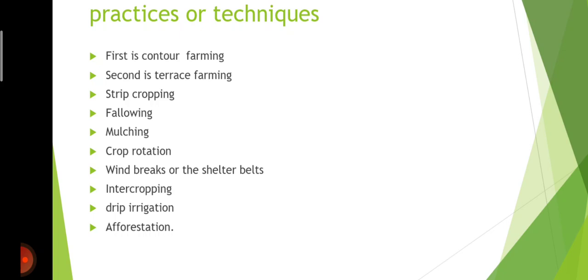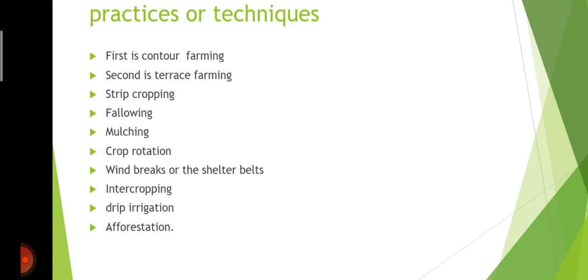Now, mulching. Mulching is a practice of agriculture. The area of the soil is covered by polythene. It is used to stabilize the temperature and the moisture of the soil. Crop rotation is also a technique to conserve soil.